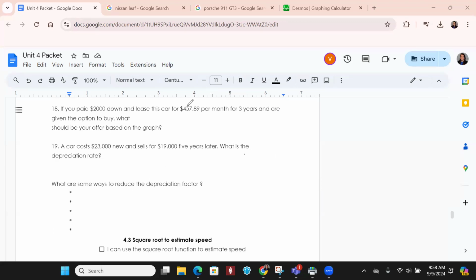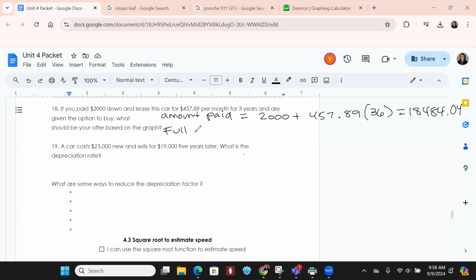Well, the amount paid was, you did a $2,000 down payment, plus you made $457.89 payments. How many months did you pay that for? 3 years. So how many months is that? 36. So you spent $18,484.04. The full value of the car is how much?